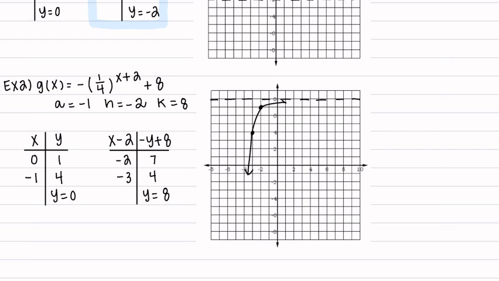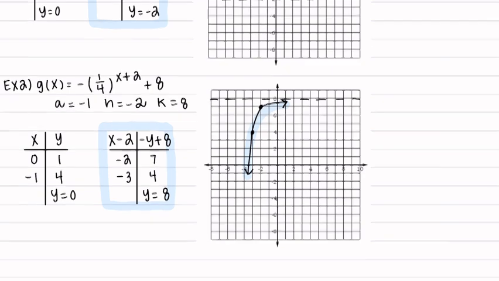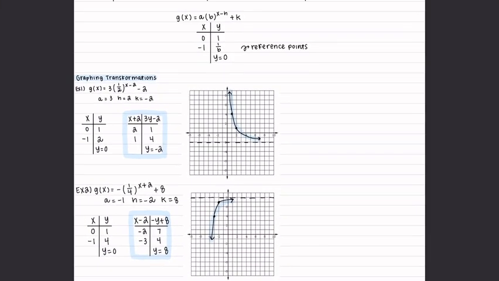And connect my points and approach the asymptote. All right. So that is graphing the transformations.